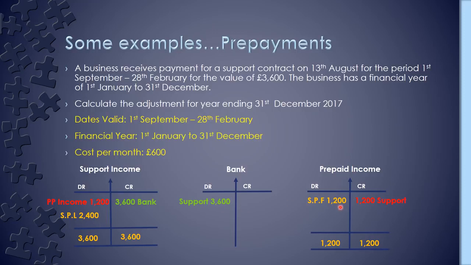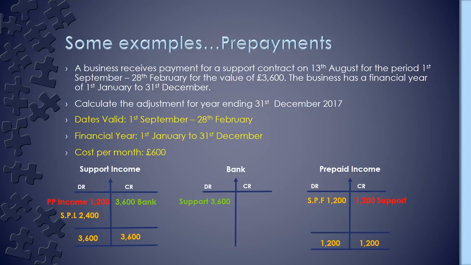Then likewise on the prepaid income account, we need to balance it off. So our balancing figure here will go into our financial position, then that will be credited into there because it's a liability account, and so that is going to be our adjustment.